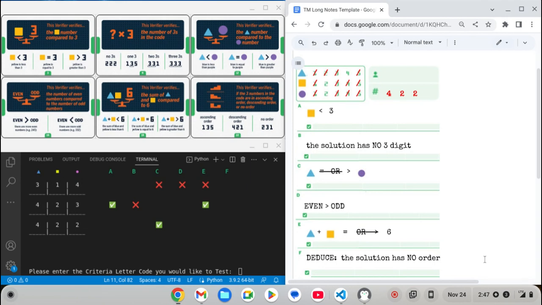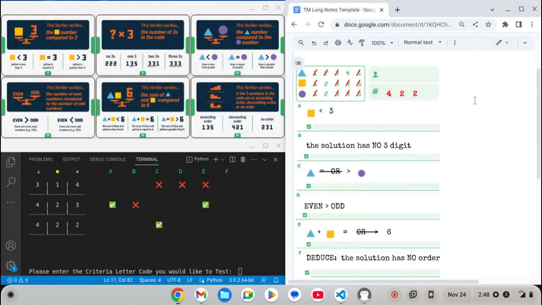As I mentioned at the very top of the video, consecutive equal digits, as in 2, 2, did not have to be the first 2, it could be the last 2 that are consecutive. There is no change between 2 and 2. Obviously it's not a decreasing solution.